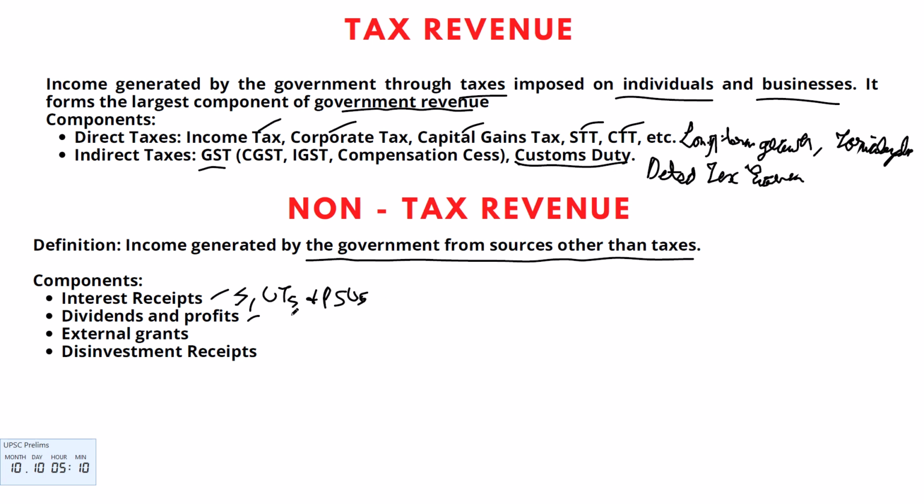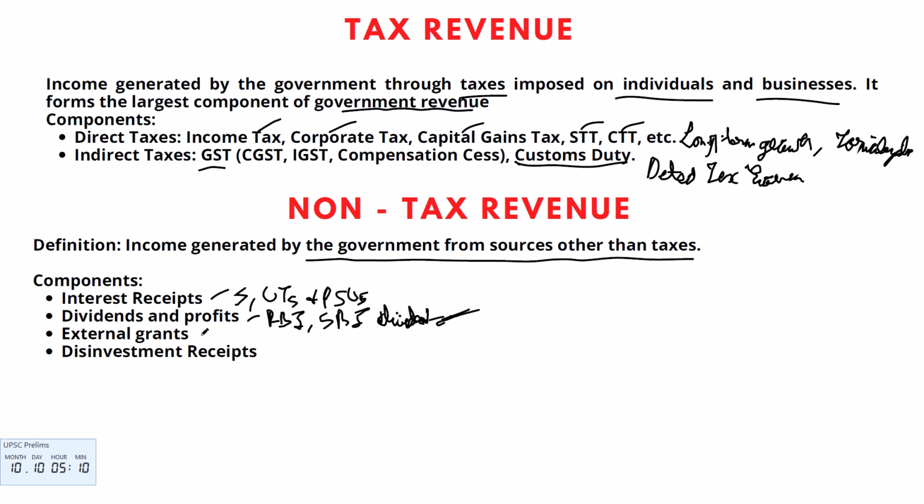Dividends and profits. Dividends received from the public sector enterprises and profits of the government owned financial institutions such as RBI profits, or even recently we saw SBI dividend. So these are some aspects.